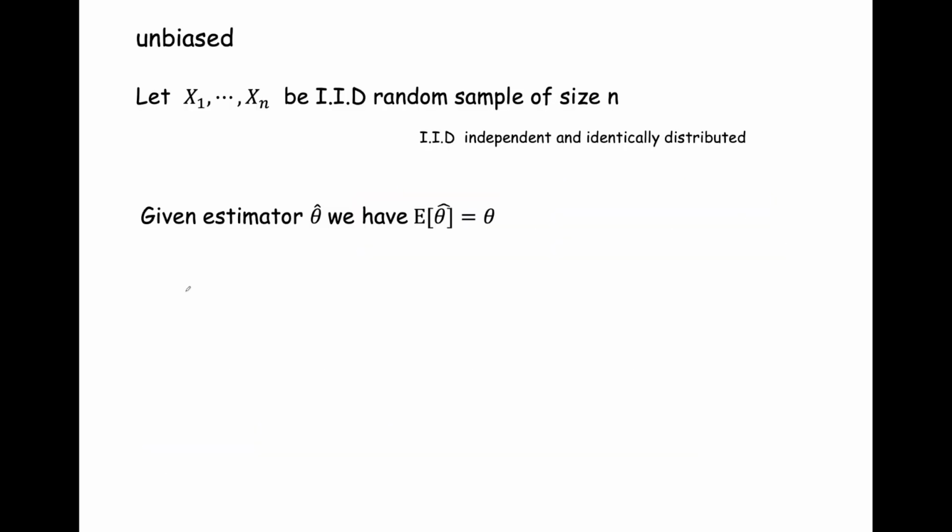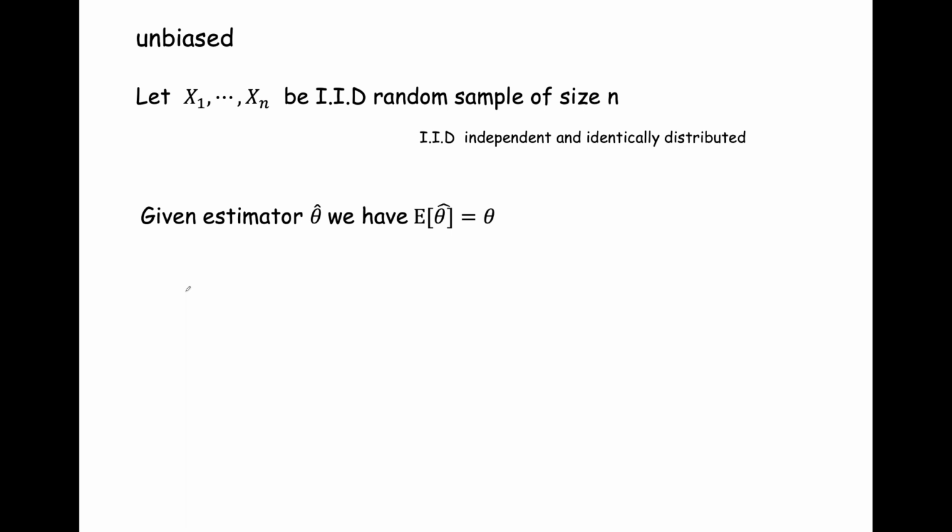And so let's take a refresher on what the test was to see if an estimator was unbiased. Let's take a bunch of samples, x1 through xn. x1 and xn represent samples, and they're so-called IID, independent and identically distributed.